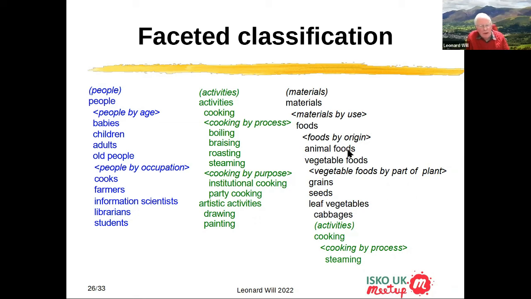Again, in a display of this kind, you have to be careful to realize where combinations are occurring. Because of that, we've included the facet label where a combination has occurred. I've put in activities here. We're now switching from objects, materials, to activities. And the relationship in a hierarchy of this kind is not a genus species.